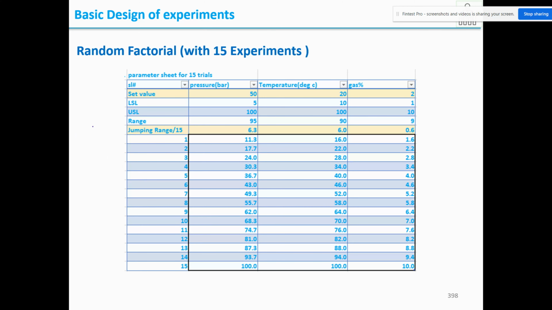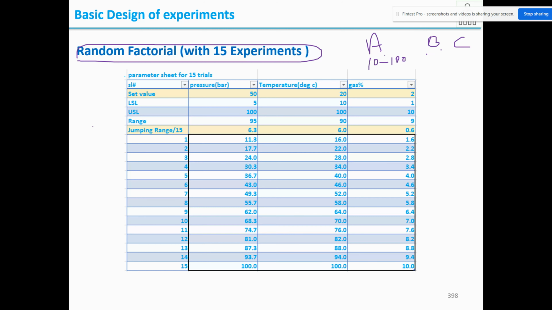Next, let us see random factorial DOE. When will we use random factorial DOE? For example, you have three parameters A, B, C. A can be changed from 10 to 100, and A has a correlation or proportionality with the output.